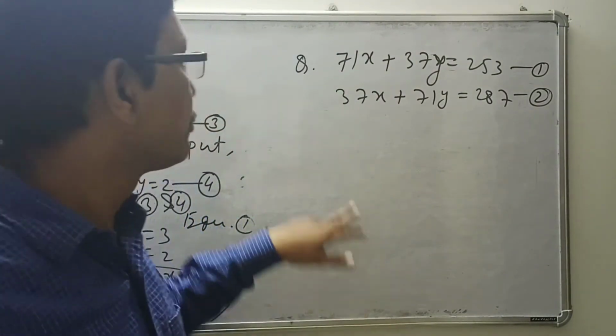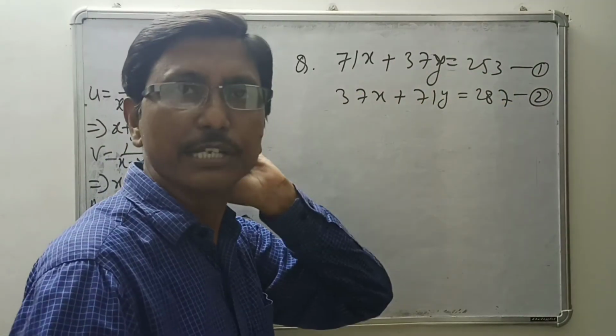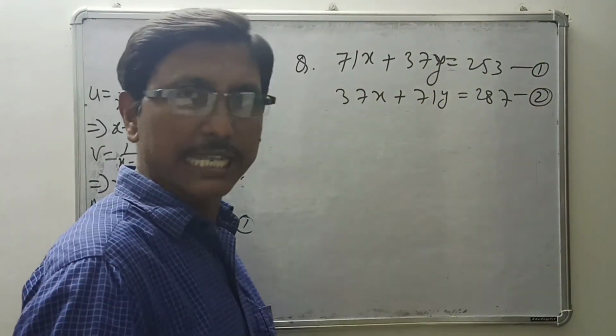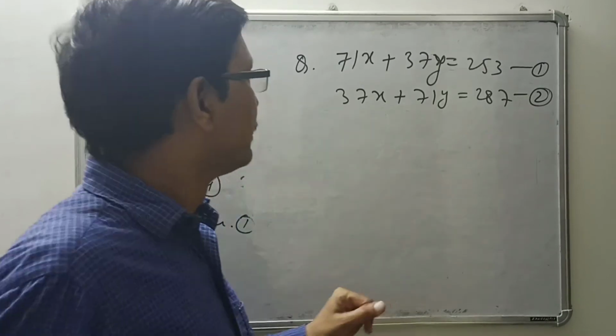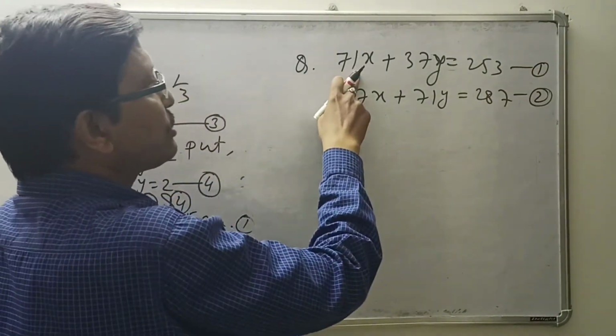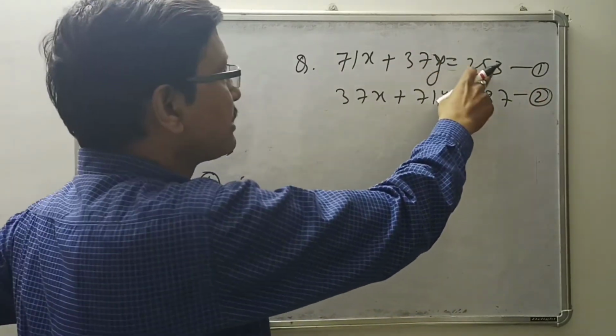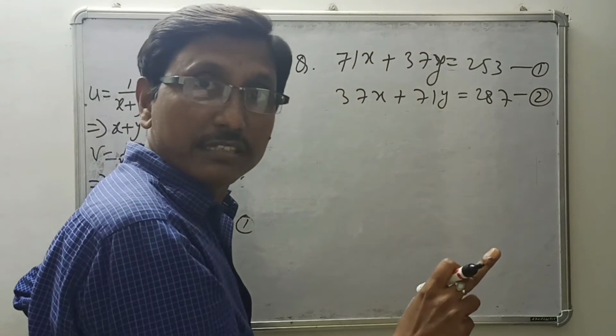So what's the problem? You can do this by multiplying by 37 and this by multiplying by 71, and you will get the answer. But if we multiply by 37, 71 is multiplied by 37, 37 is multiplied by 37, 253 is multiplied by 37.